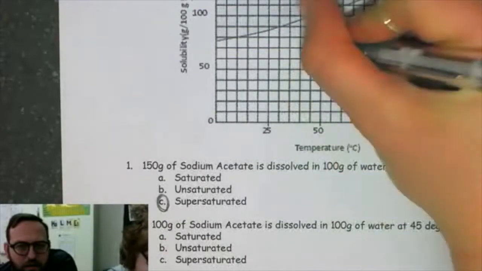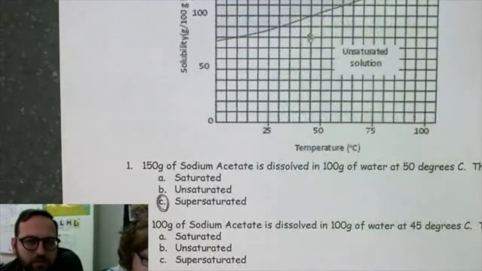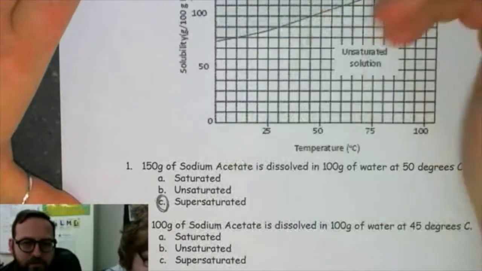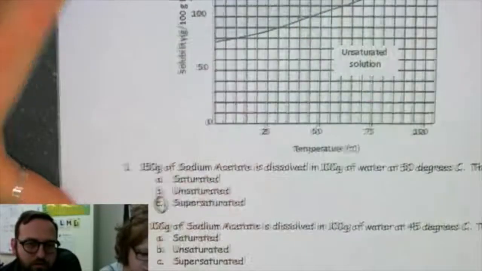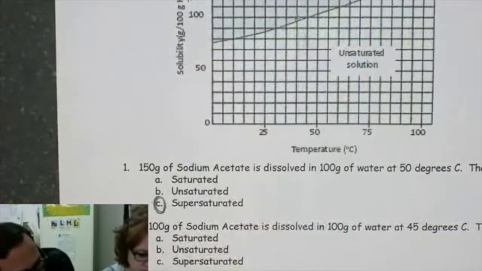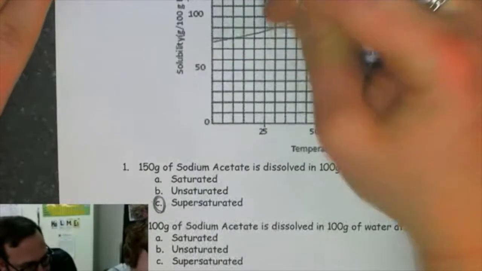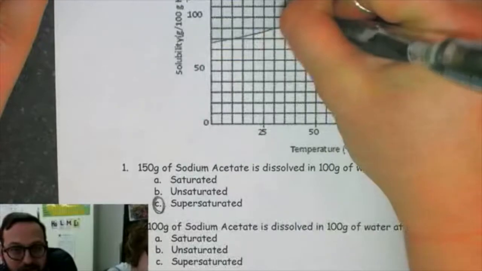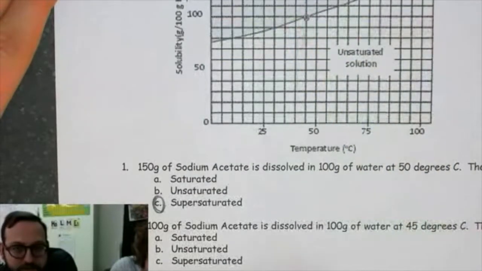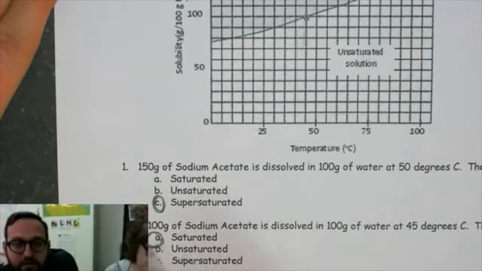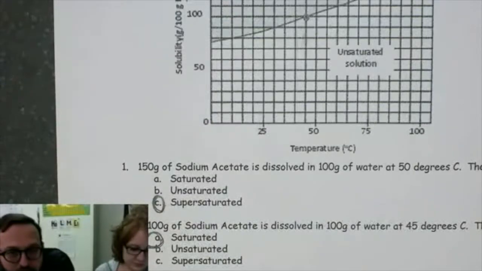There we go. No, you're not on the 100 grams. Oops, I'm here, sorry. Yeah, there we go. So we're right on the line there, right? Excellent, yes. Oops, my bad. Let me go over one more. Okay, so we are saturated here. Saturated. Yes. So if you got A for question number 2, you did it right.